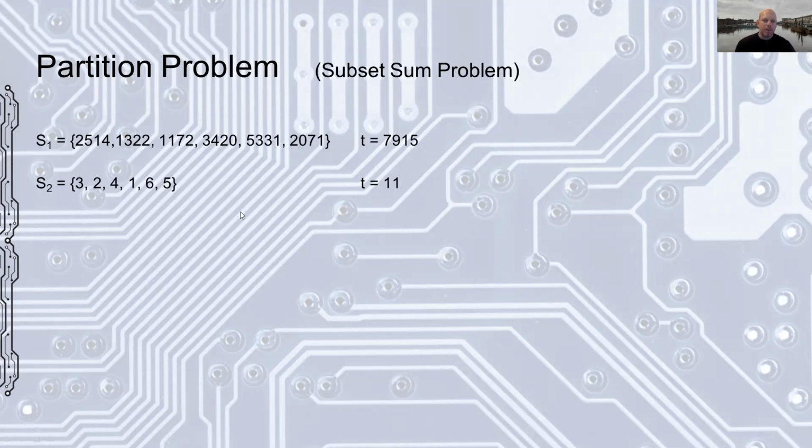Okay. And what you might notice is that these two instances are very different. The bottom one is relatively easy and the top one is relatively hard. The reason for this is that the top one has no solutions at all, and the bottom one has a lot of solutions, so one is very easily found.